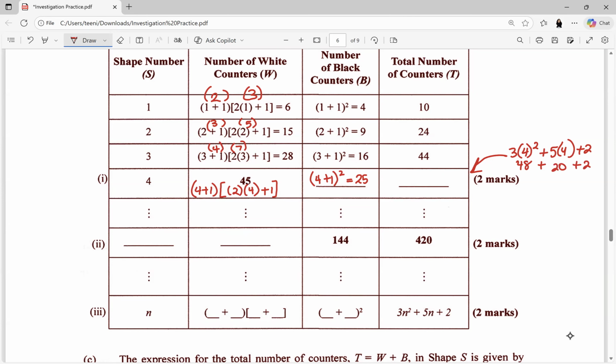So 48 plus 2 plus 20 is 70. So the total number of counters is 70.